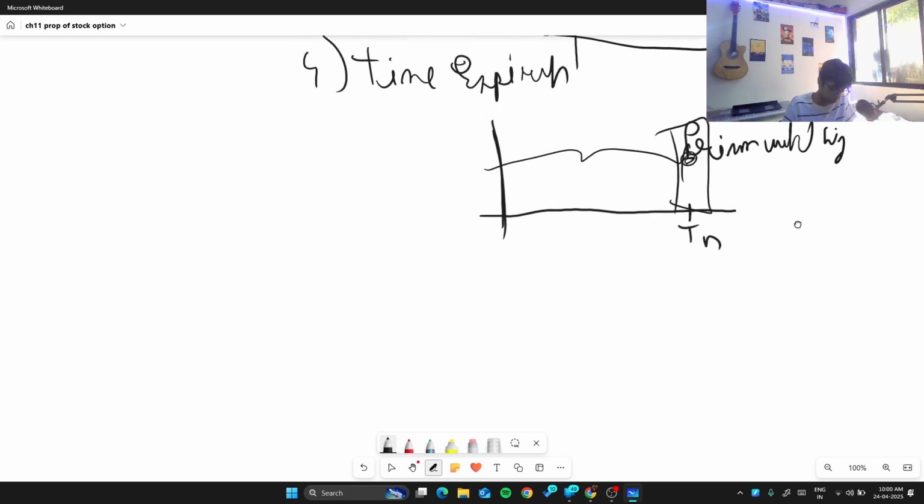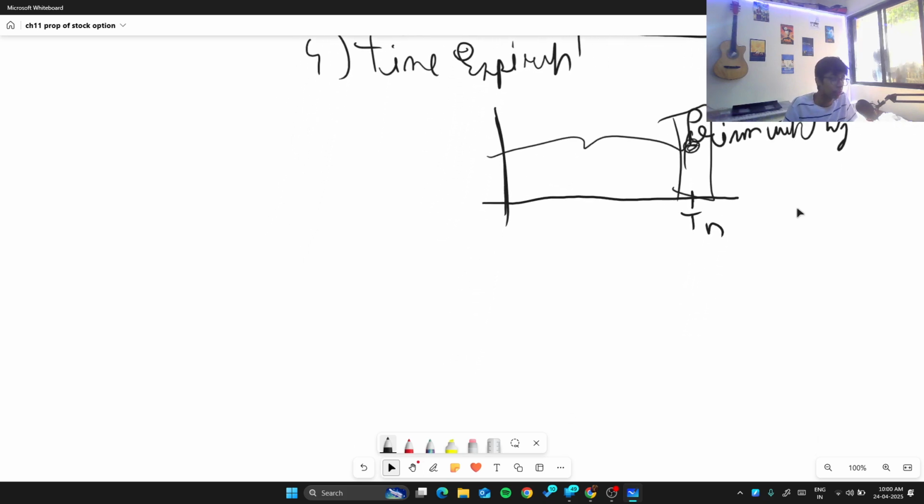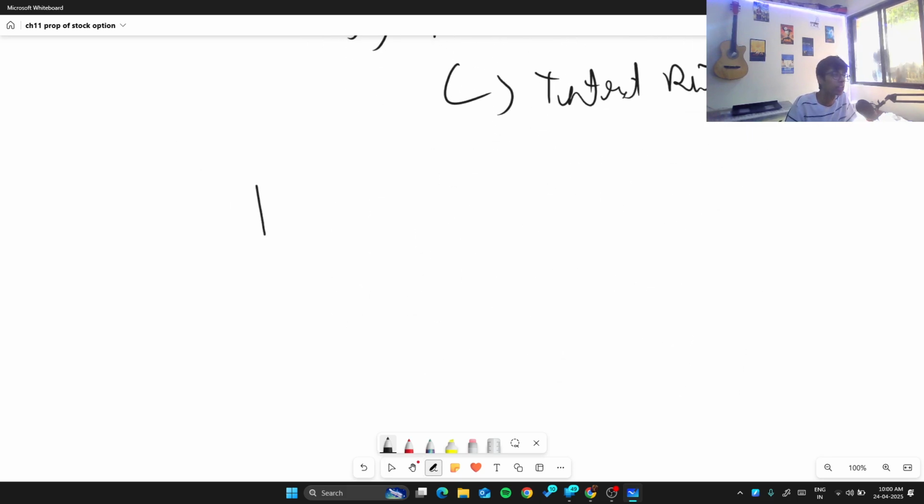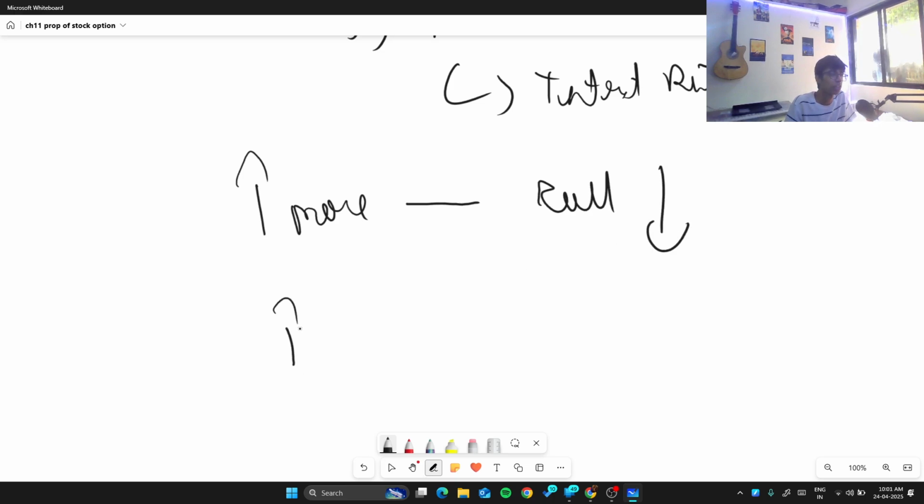And another is the risk free rate. It is an interest rate, right? And it has an inverse effect, right? If the interest rate is more, the price of the call would be less, and the price of the put would be more.